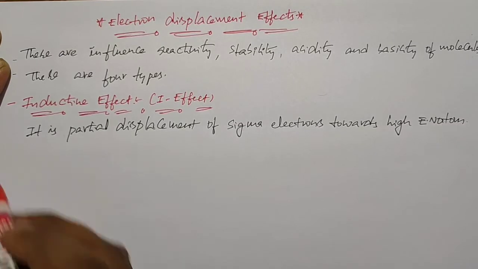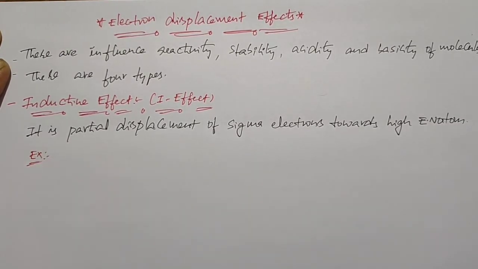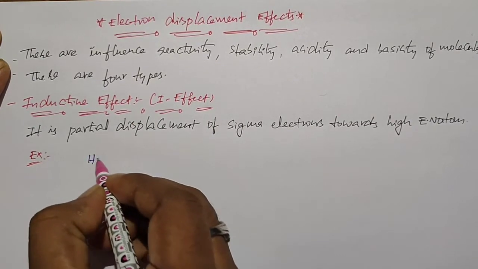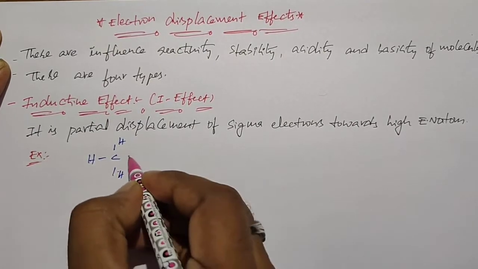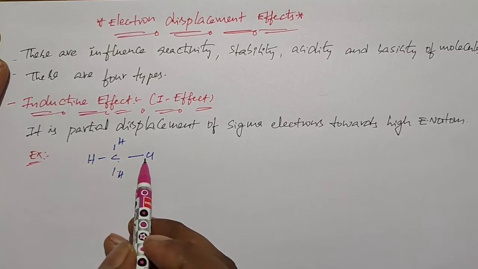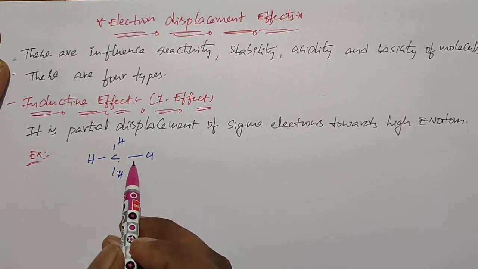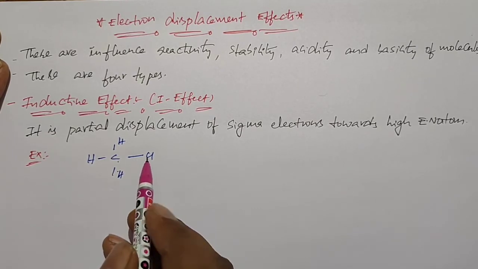Here I just want to give an example. In methyl chloride, the carbon is attached to 3 hydrogen atoms and 1 chlorine atom. In the carbon and chlorine, the sigma electrons are shifting towards the chlorine. Why? Because of its high electronegativity, chlorine pulls the electrons toward itself.